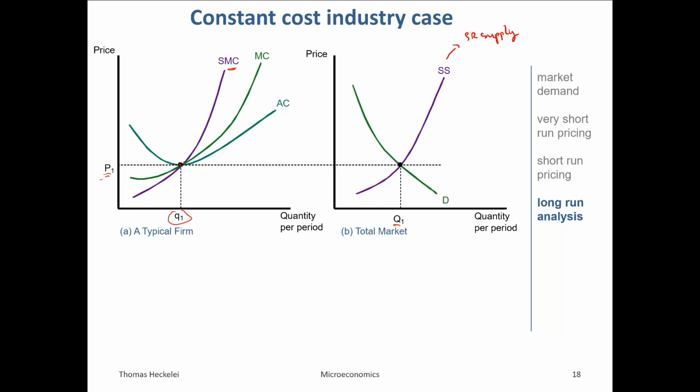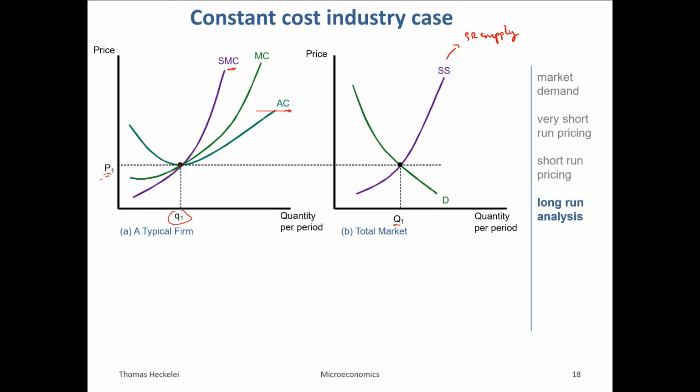And of course, like said before, if that's the case, then that must be the minimum point of the average cost curve here. So that point is actually important. We have seen that also when we talked about cost, production and supply, right?